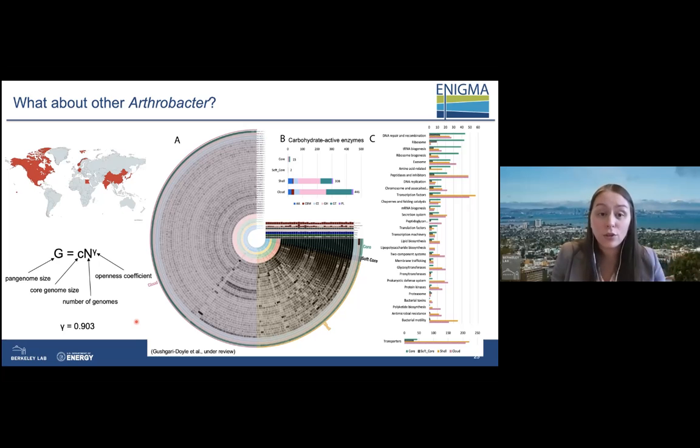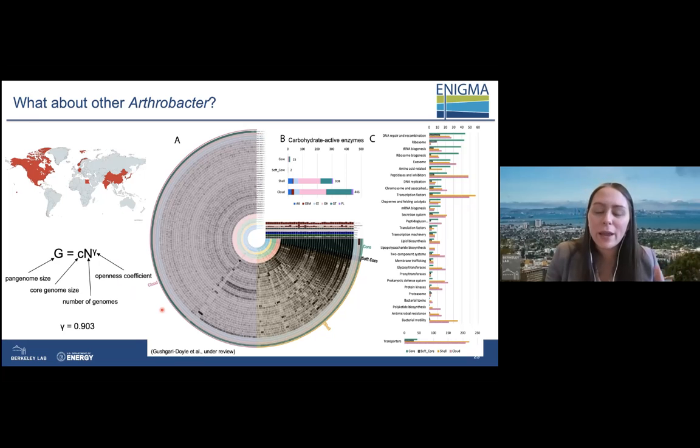And that's what we're finding here. We have these different environments, especially with the Arthropactor that we studied here. They're from permafrost and glacial freshwater, the terrestrial subsurface, the soil. They're very, very different environments, and we're seeing very, very different genomes.